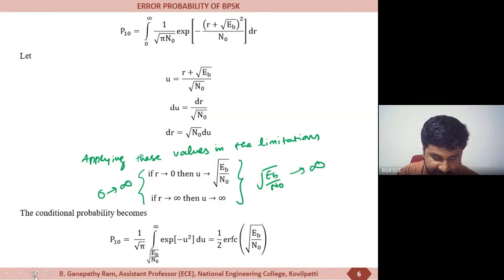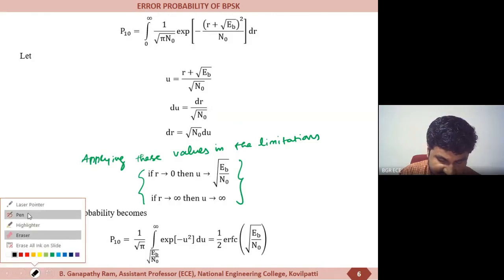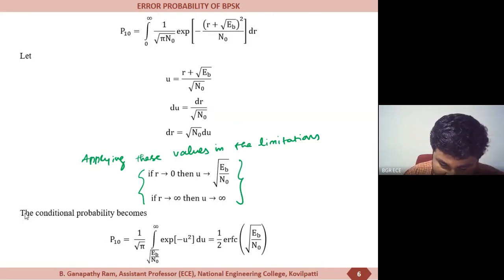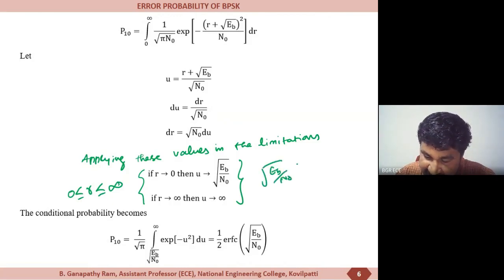That is, by changing the integrating variable, the region r from 0 to infinity is changing in such a way that the integrating variable u is within the limitations from square root of EB by N0 to infinity.